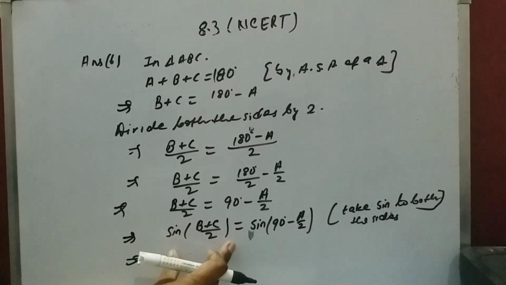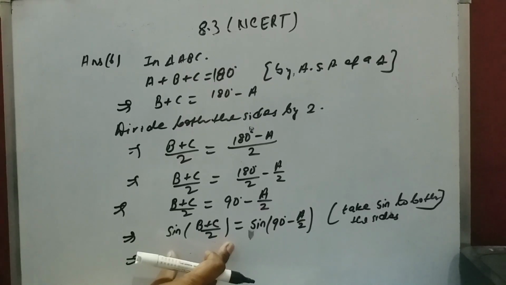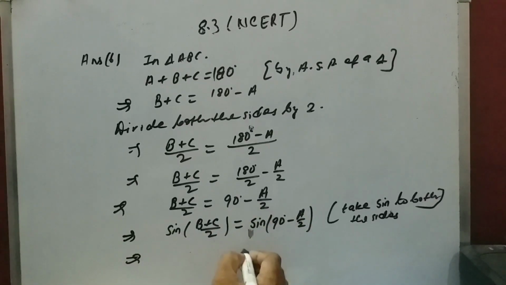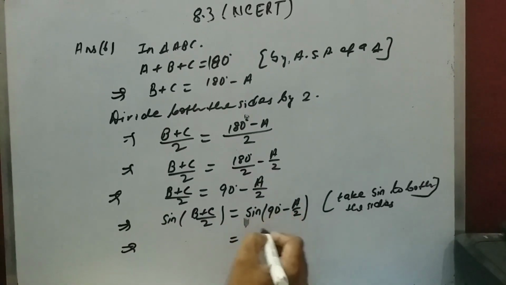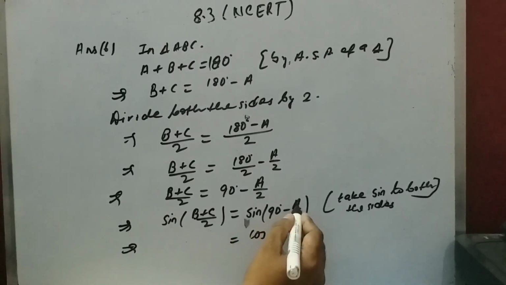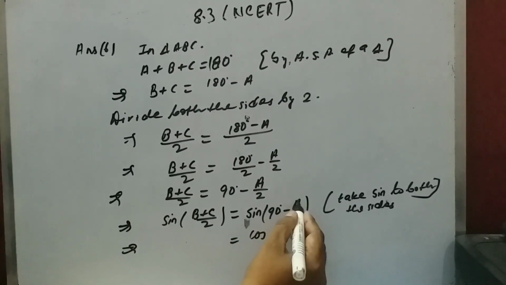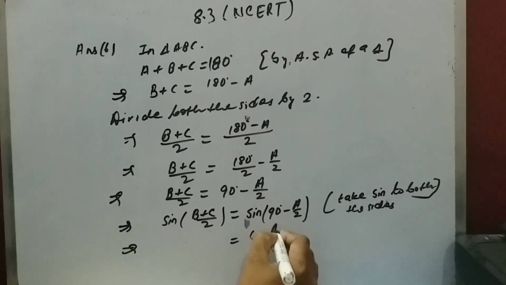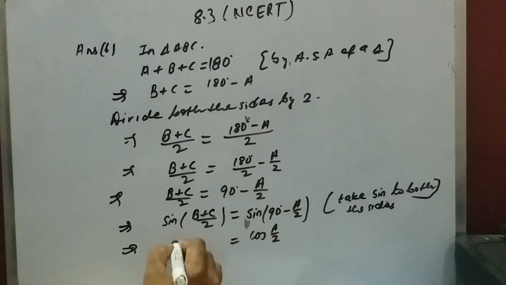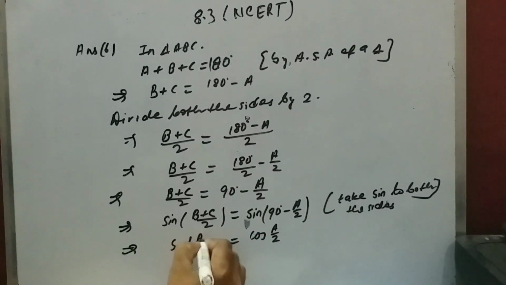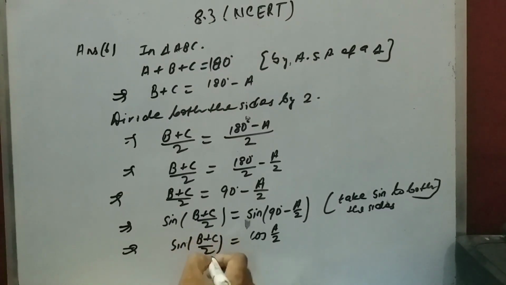You will write it like this, as it is, because this is the requirement of your question, and this is the LHS. Now sine(90 minus theta) becomes cos theta, and with theta as A by 2, you will write cos A by 2 equal to sine (B plus C) by 2, hence proved.